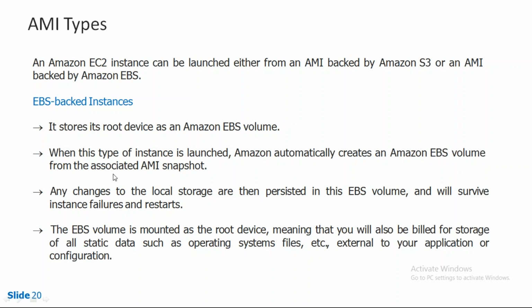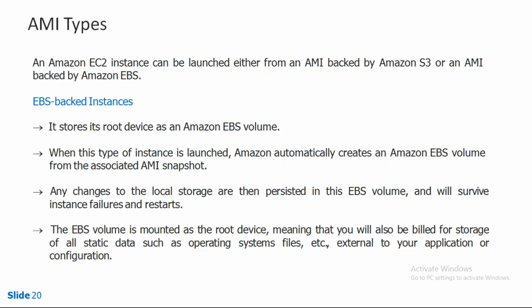When this type of instance is launched, Amazon automatically creates an Amazon EBS volume. This is what we will see when we create an on-demand instance. Whenever we create one, automatically there will be an EBS volume created from the associated AMI snapshot. Snapshots are of different sizes. Basically, when we go with a Linux machine, it will be 8 gigabytes of space.